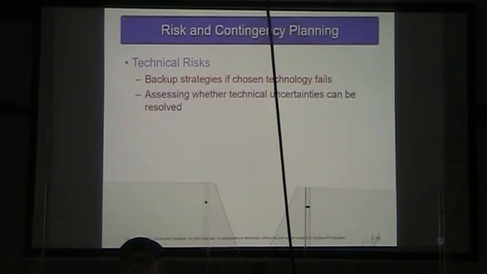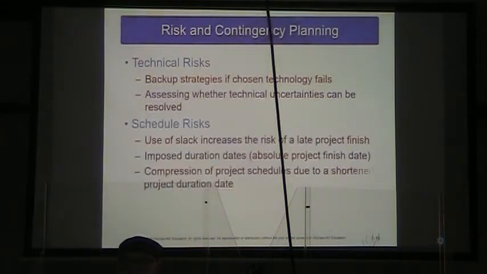Another thing we could do is we could say, well, can we resolve these technical uncertainties? Has anyone else done similar work before that we can then bootstrap off? Okay.